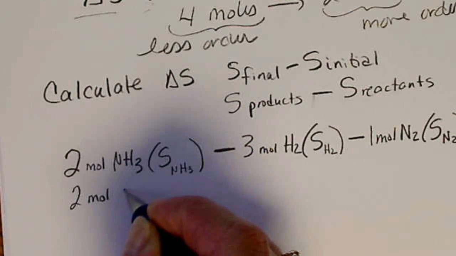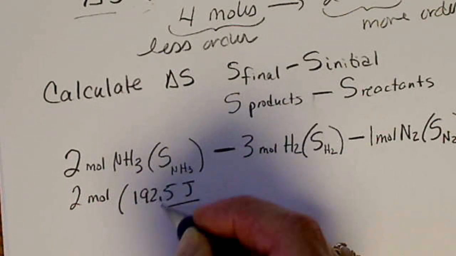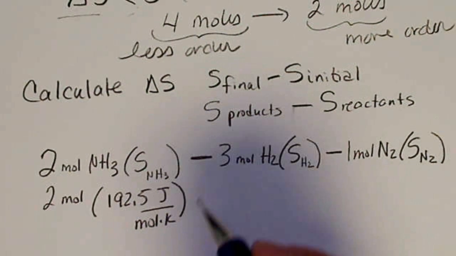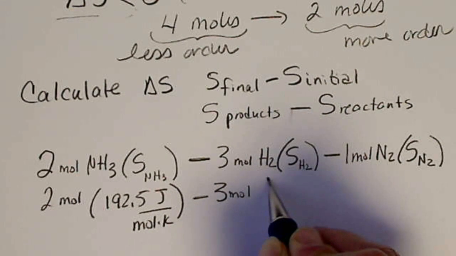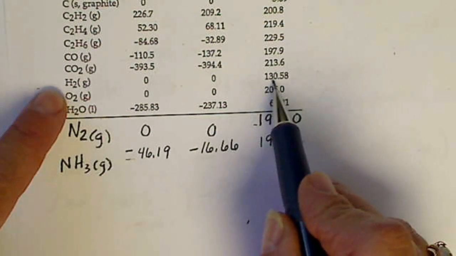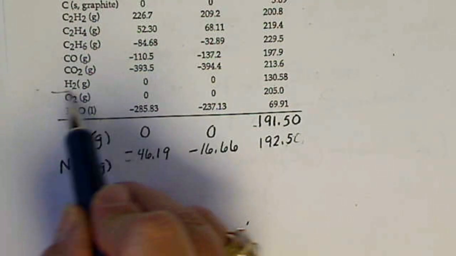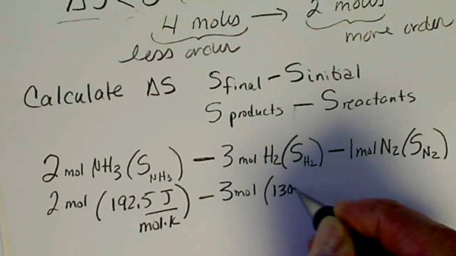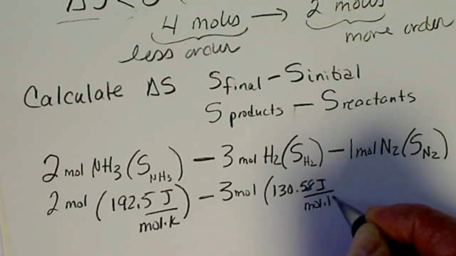So we have 2 moles and then 192.5 joules per mole per degree Kelvin minus 3 moles of hydrogen. So the entropy value for hydrogen is over here, 130.58. Make sure we got the right number there. This is 130.58 joules per mole per degree Kelvin.